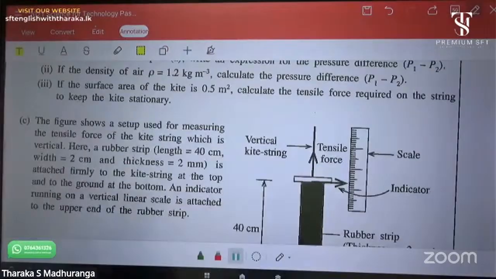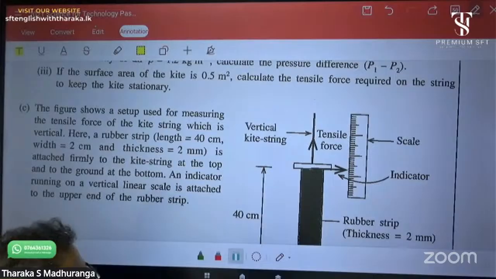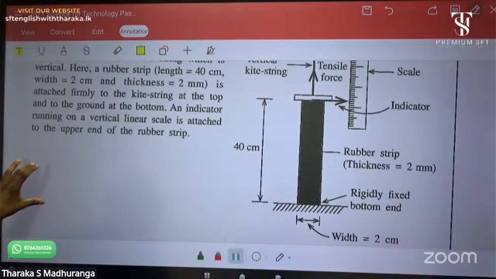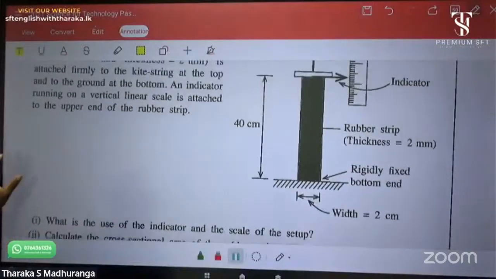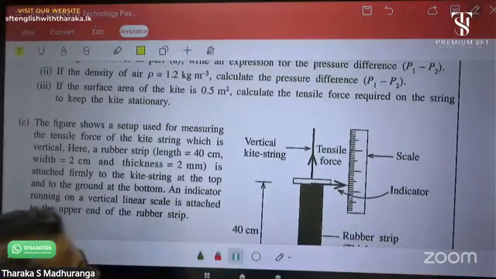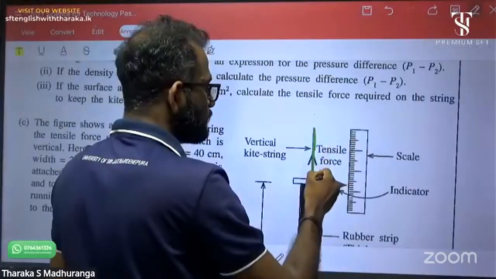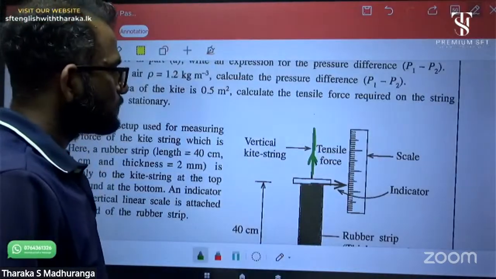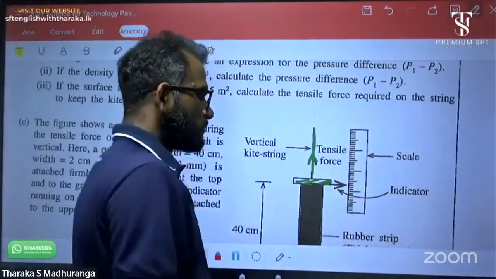An indicator runs on a vertical linear scale, attached to the upper end of the rubber strip. Now, what is the use of the indicator and scale of the setup? Then we can find the tensile force given by the kite string attached to this rubber strip.